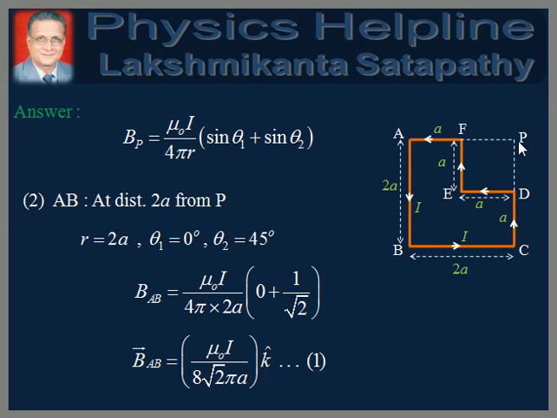Therefore, it corresponds to the positive direction of z-axis. Therefore, we put B_AB vector is equal to mu 0 I divided by 8 root 2 pi a into k cap.